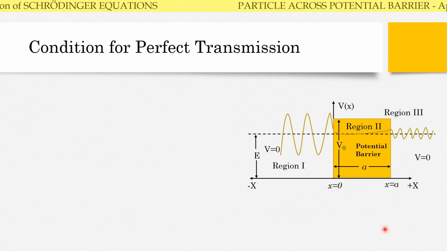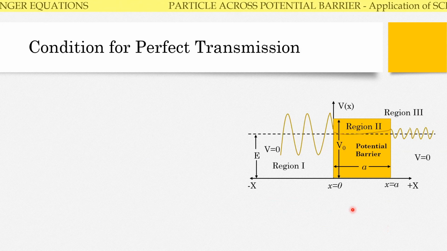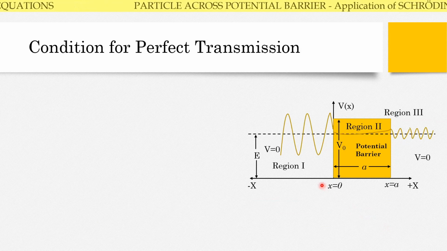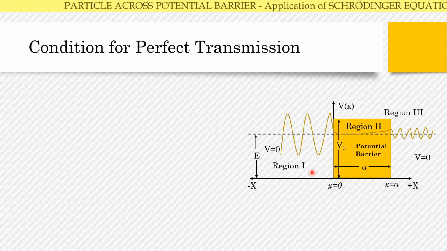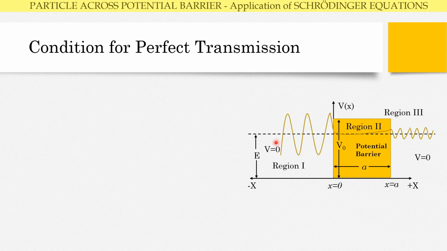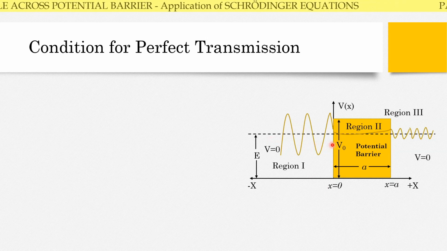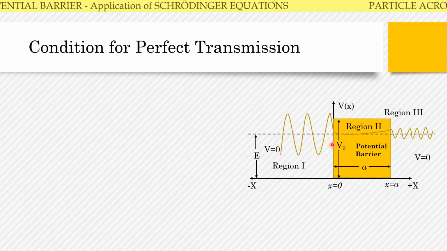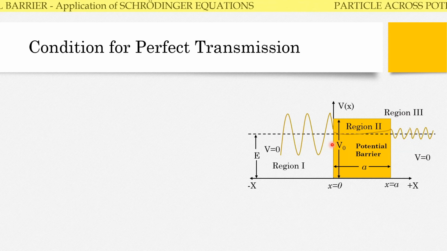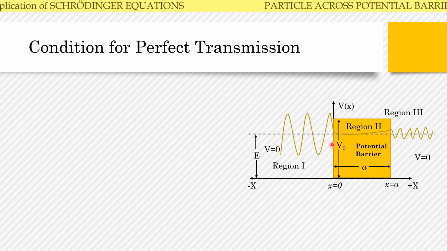We should also see what the condition is under which we can say that there will definitely be transmission of the particle. I mean, while going along with the particle in region 1 towards the positive x direction, when can we say that perfect transmission would definitely happen? What is the condition for this?